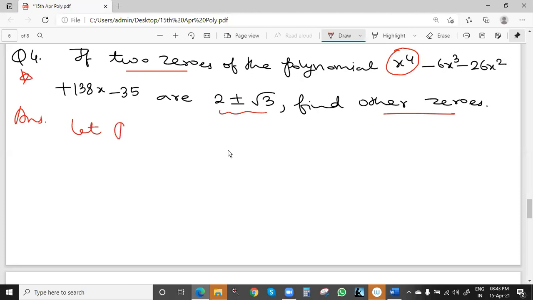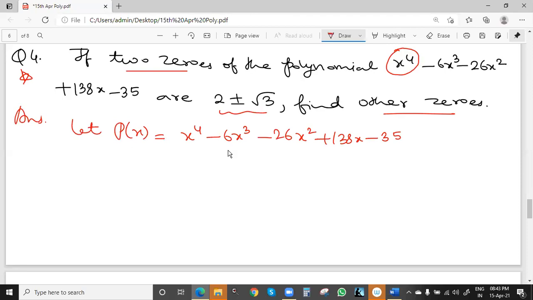So let p(x) be the given polynomial, equal to x to the power 4 minus 6x cube minus 26x square plus 138x minus 35. This will be the first polynomial.